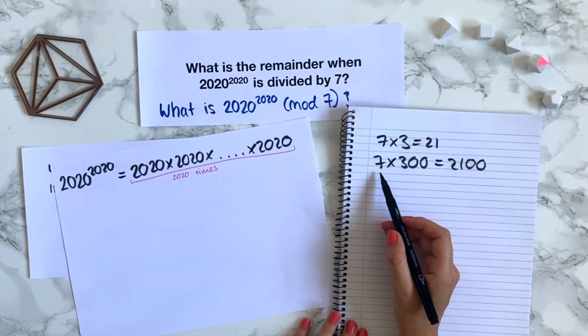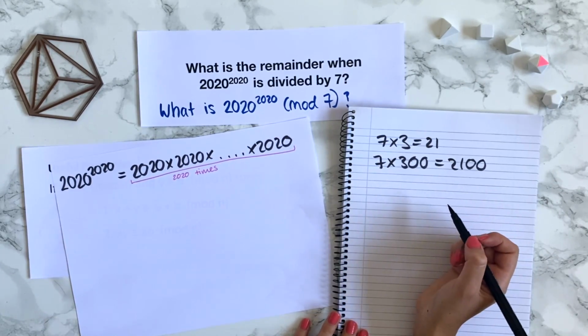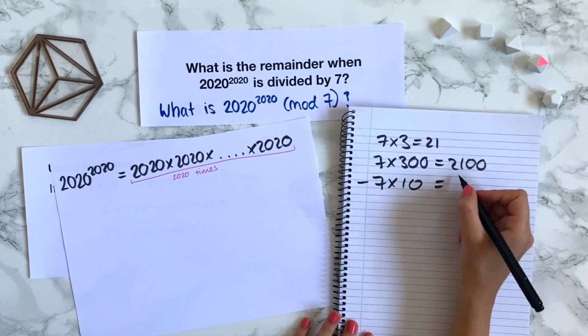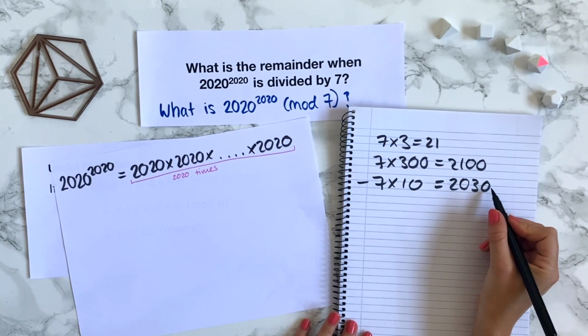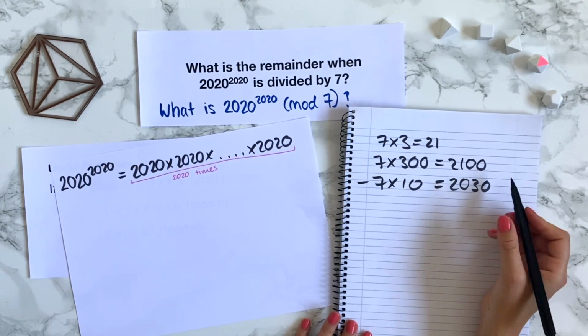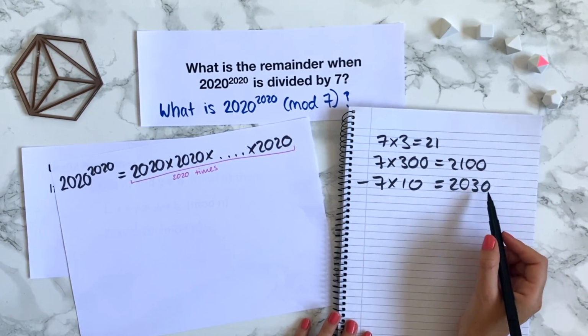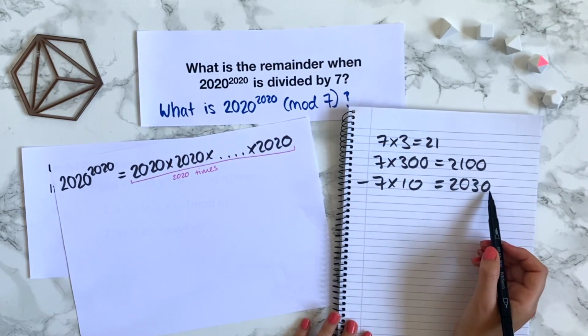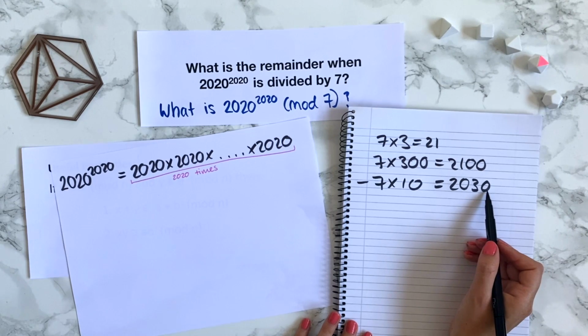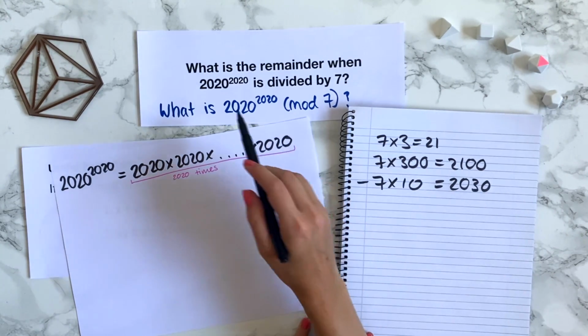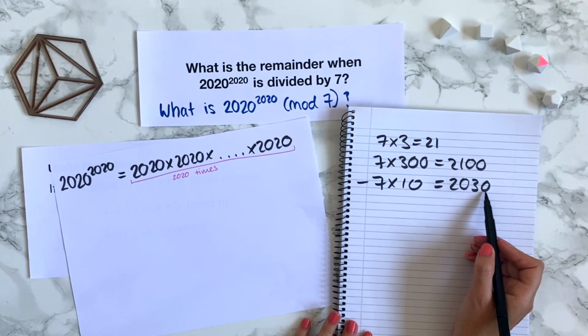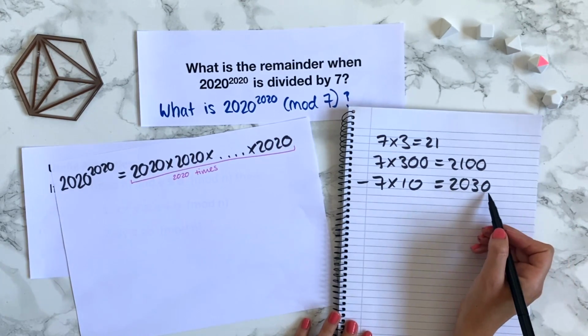I know that 70 is a multiple of 7, so let's subtract 70 off this. Then to help me find the remainder, I want to get to a multiple of 7 that's below 2020, the one just below 2020. If I subtract 7 off this, I'll get 2023, so that's just too high. And so I probably want to subtract 14, 2 lots of 7.